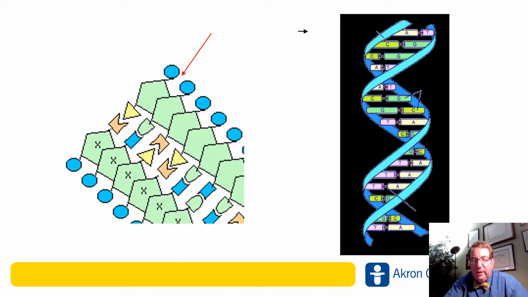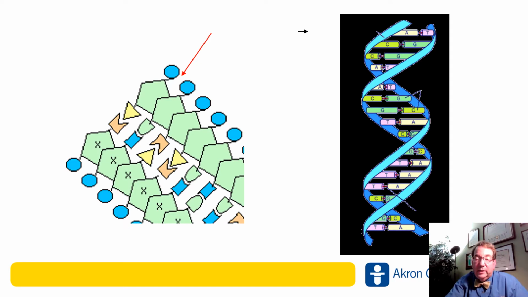The green pentagon is a ribose, and actually in DNA it's deoxyribose, and that's part of the backbone. The blue ring right here indicates a phosphate group, and the different shaped bases represent the nucleotides adenine, thymidine, cytosine, and guanine, A, T, C, and G.